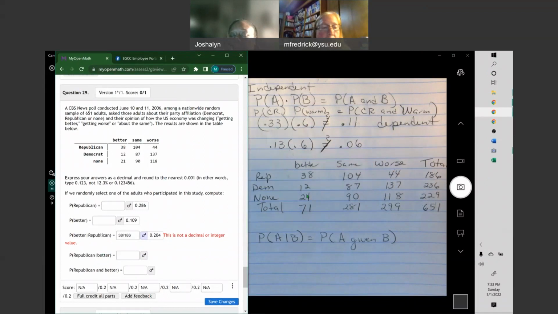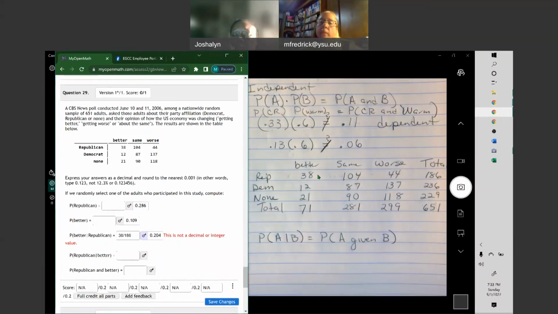So the probability of a Republican divided by the total in that column. It's 38 divided by what number? 71. Yes. Because better was given, we only use that column. We ignore everything else. And then Republican is 38 out of the 71.